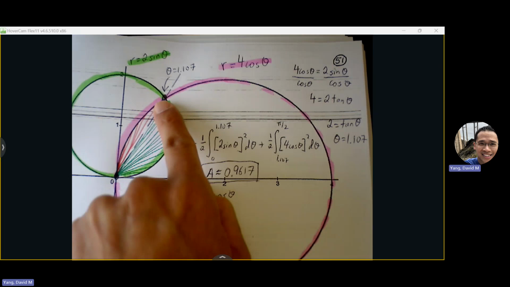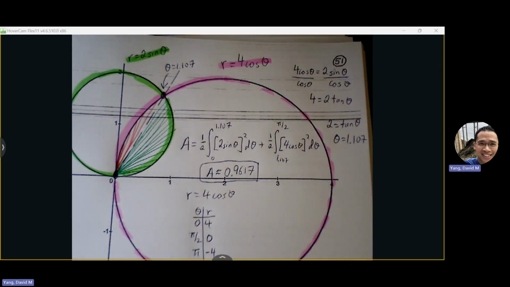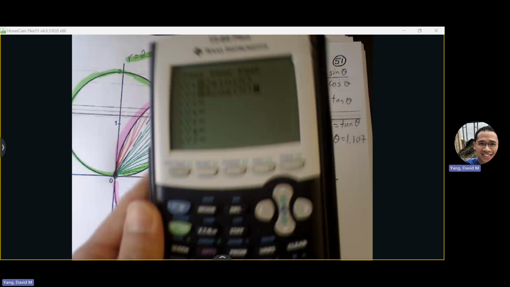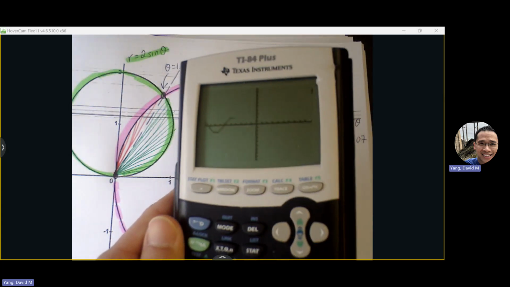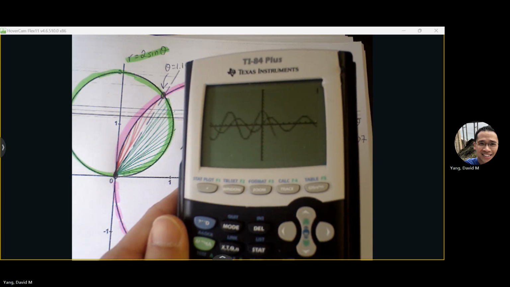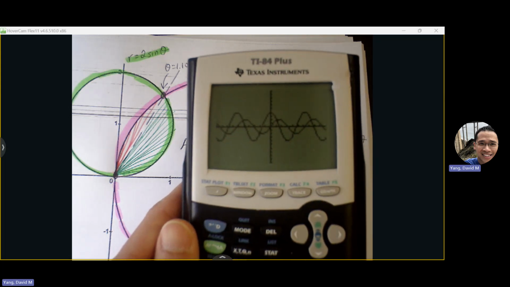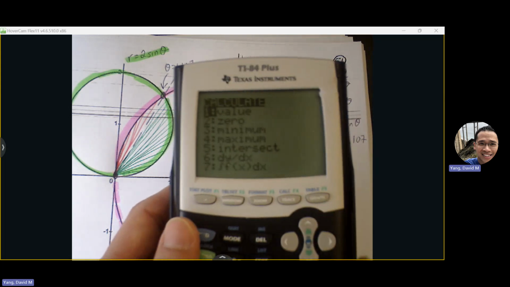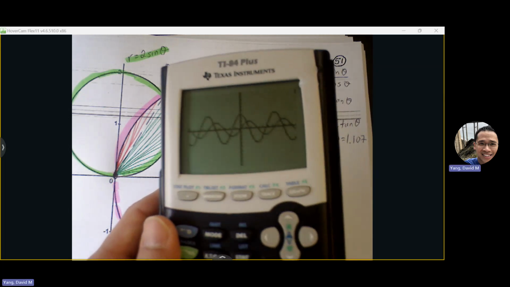I just want to show you that we can also find the intersection between 2 polar curves more easily by graphing them in rectangular form. If you graph it in rectangular form, you know that the intersection is occurring in the first quadrant there, and I can just find my first case of intersection in rectangular form and do second trace, intersect, and pick points close to my intersection.